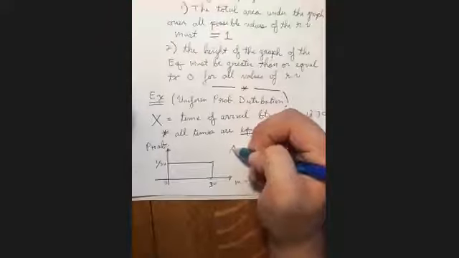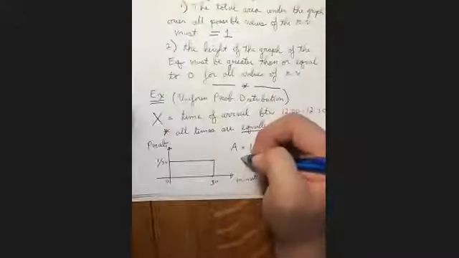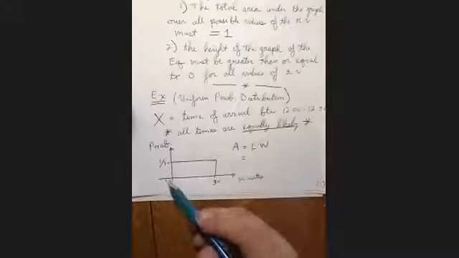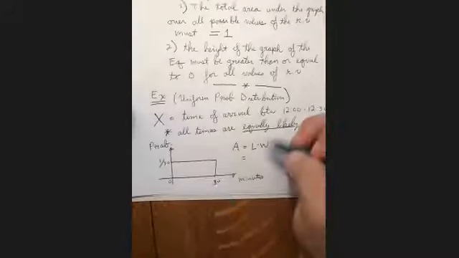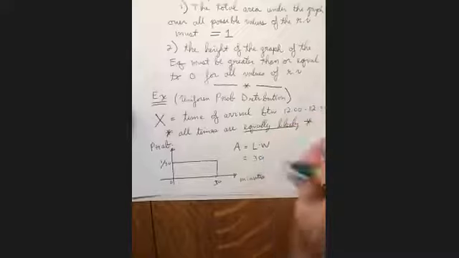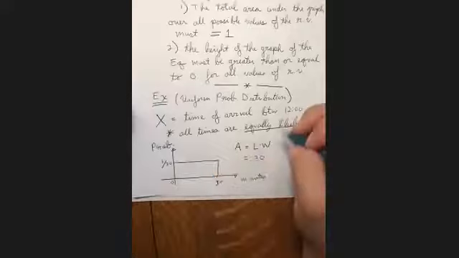Well, in the case of a rectangle, area is easy to calculate. Area is length times width. So for this rectangle, we have a length of 0 to 30. So that's a length of 30 and a width of 1/30.